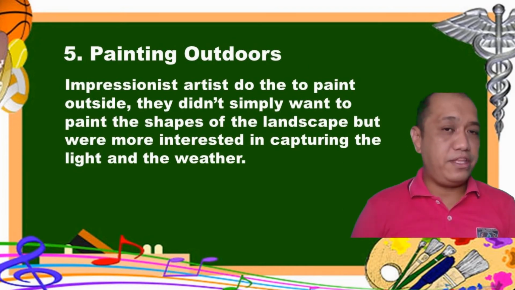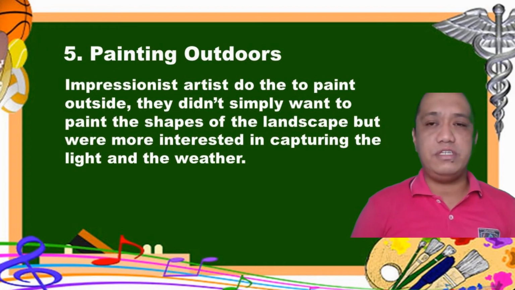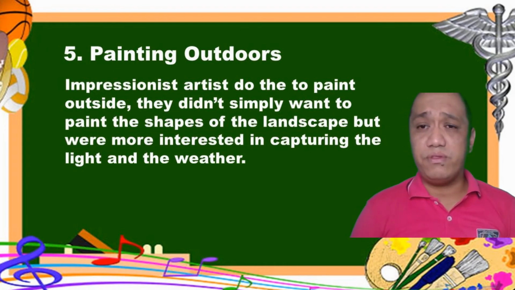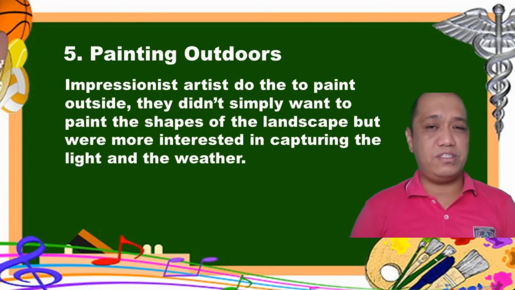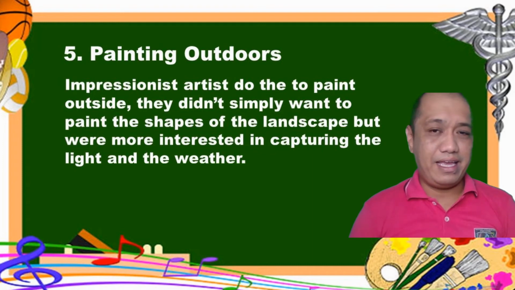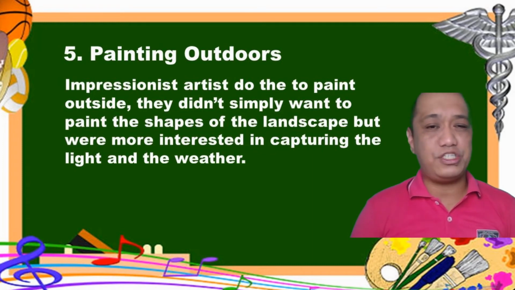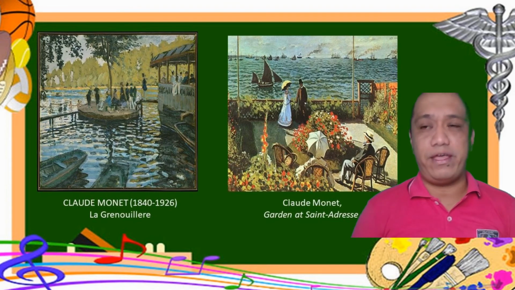Next, painting outdoors. Some of the subjects used in the Impressionism style of art are outdoor landscapes. Impressionist artists did the painting outside. They didn't simply want to paint the shapes of the landscape, but were more interested in capturing the light and the weather.